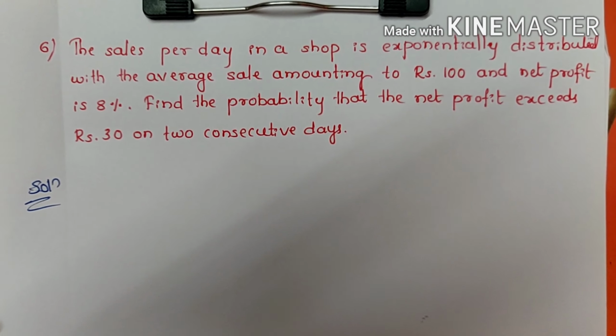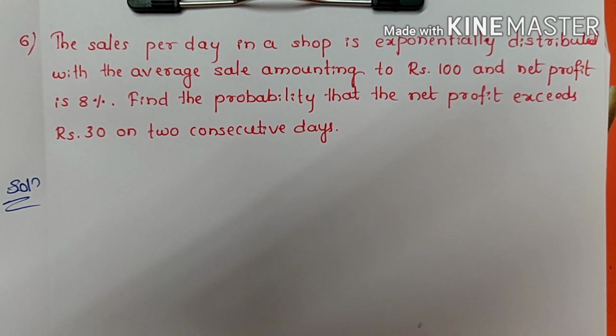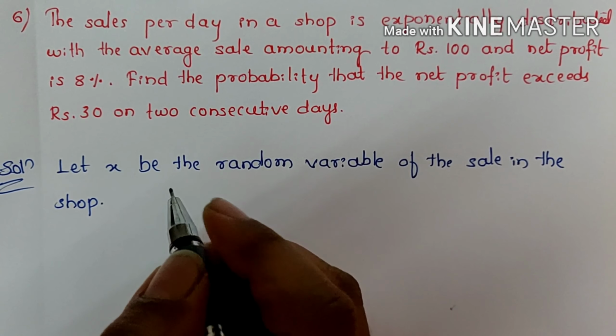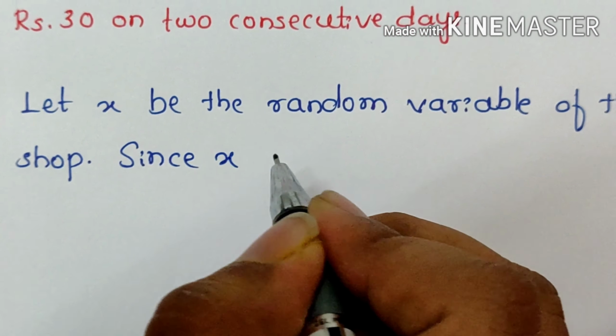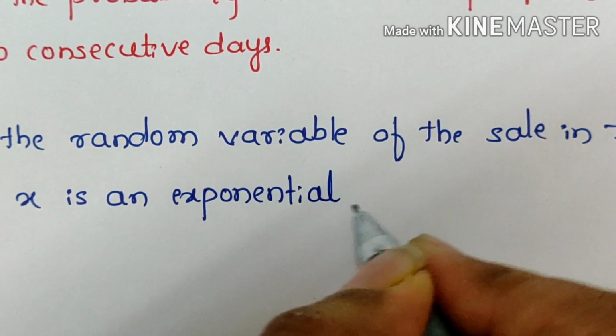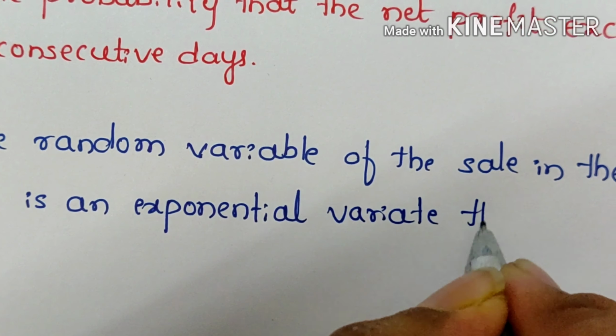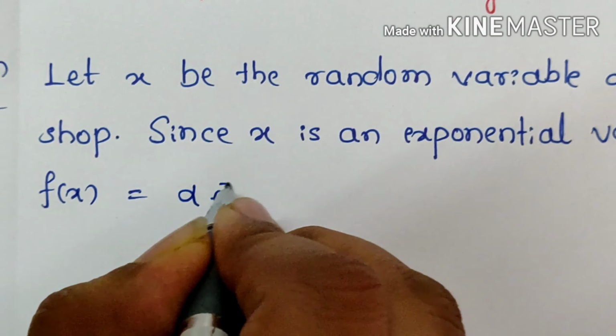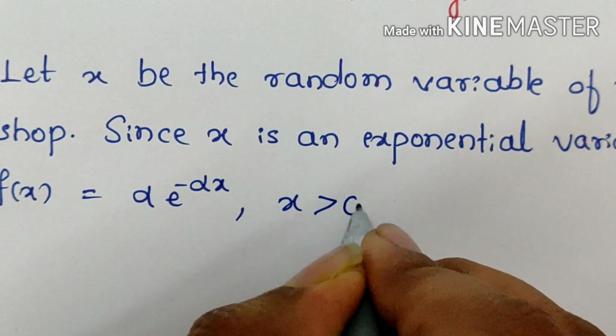Let us denote by x the random variable which represents the sale in the shop. Since x is an exponential variate, the PDF f of x, that is the probability density function, is given by alpha into e raised to minus alpha x, x greater than 0.